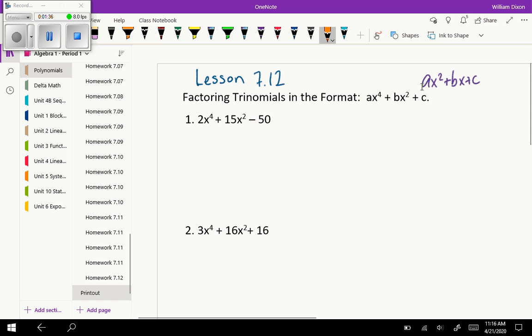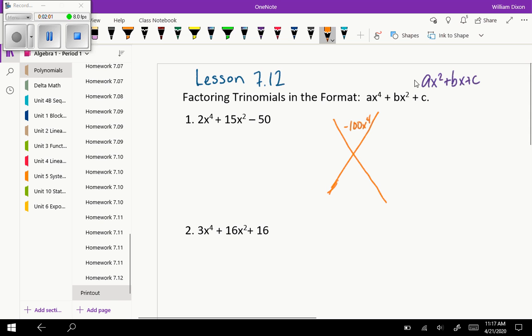So I'm going to set up my x. I'm going to multiply the first two or outer terms. So that's really 2x to the fourth times negative 50. That's going to be negative 100x to the fourth. That's important.